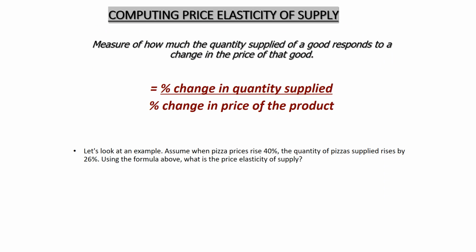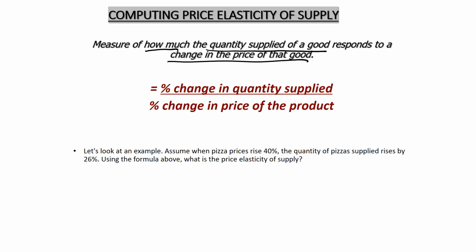Our primary concern now is to find how we can compute the price elasticity of supply. So much like the price elasticity of demand, the price elasticity of supply measures how much the quantity supplied of a good responds to a change in the price of the good. So remember what's happening with your price elasticity of demand.